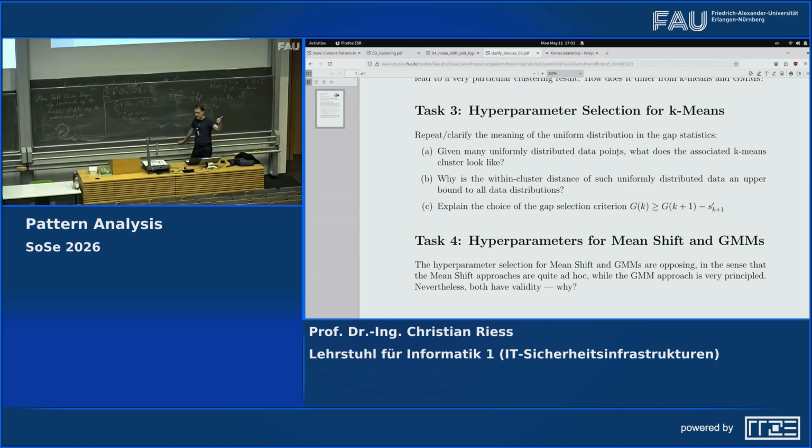What does a clustering of uniformly distributed data into K clusters look like? And why is the within-cluster distance of such uniformly distributed data an upper bound for the within-cluster distances for all data distributions? And then let's talk about this gap selection criterion in a minute.